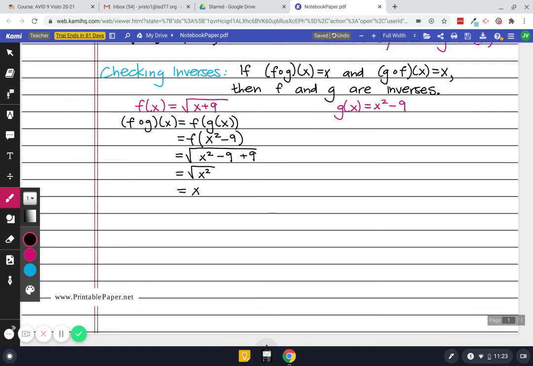So far, so good. Let's check the other side to be safe. Now I have to goff it. G of f of x. F of x this time is now the square root. And that is going to live inside g.